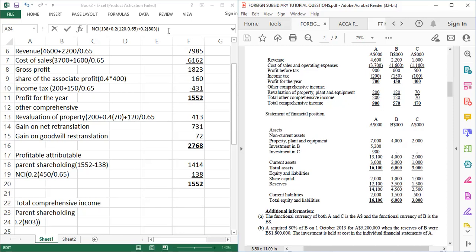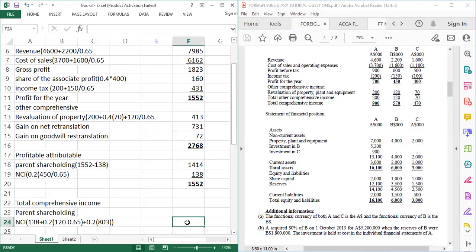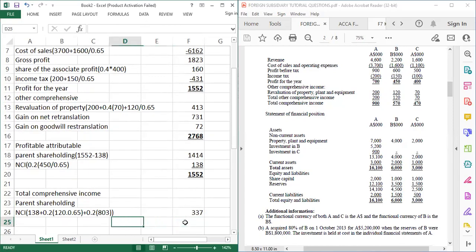I'm getting 334. 336. 337. 337. That's what I have. Yes. Okay. So our total amount that we are sharing, 2768, and NCI is taking 337. So what will be the portion that the parent will be taking? It is the remaining one. So we subtract the NCI share from the total.